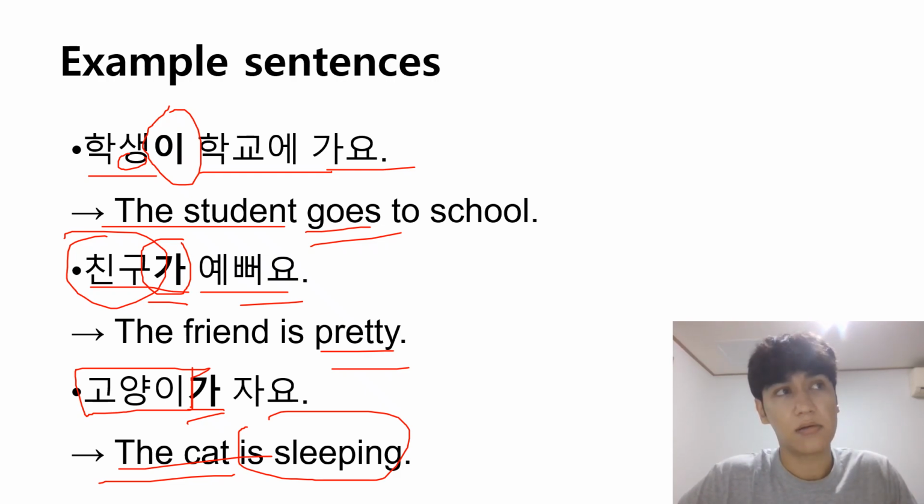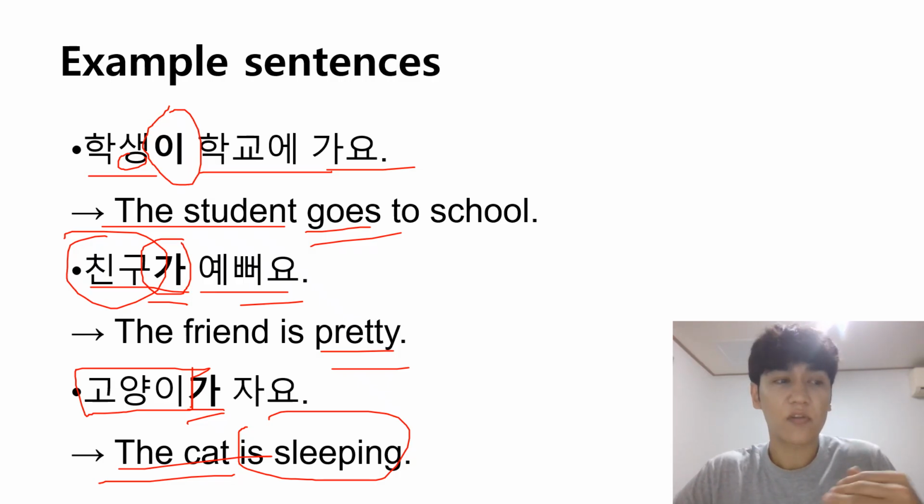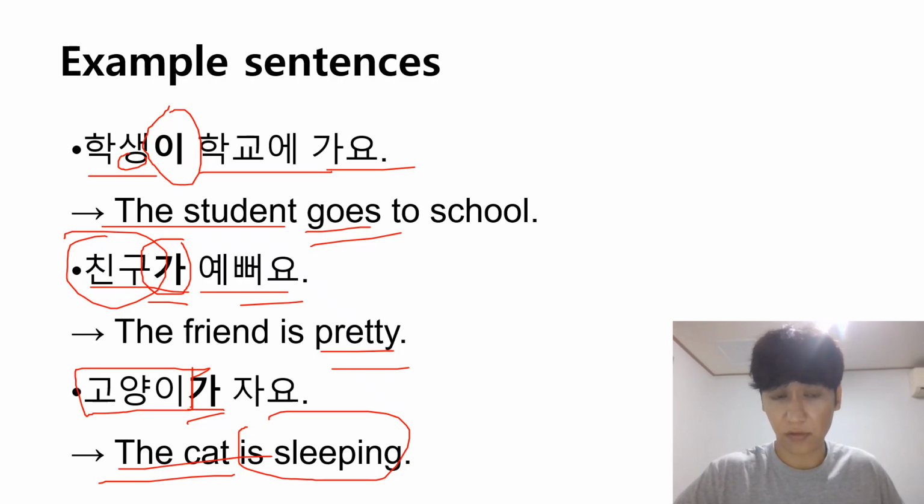to understand them. If you start explaining at the beginning that you can drop those particles in the sentence, it might confuse them a little bit. So that's why I try not to tell them to drop the particles when they are at the beginning or even intermediate level.